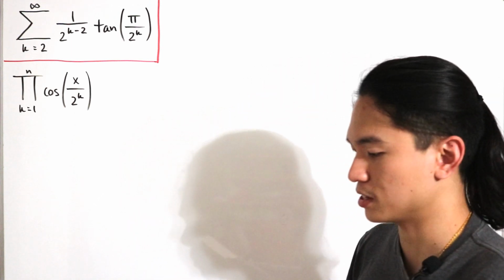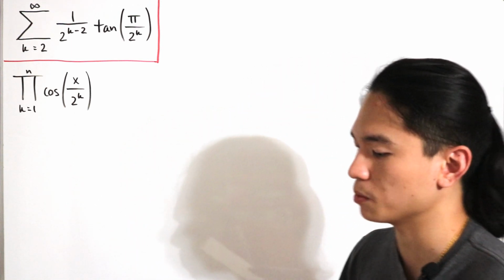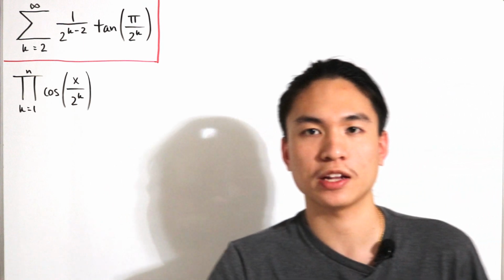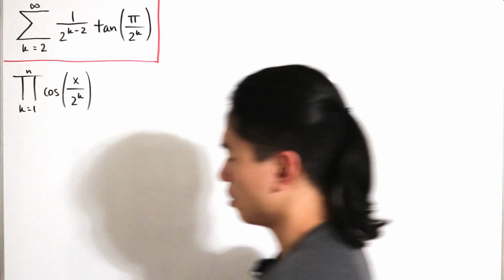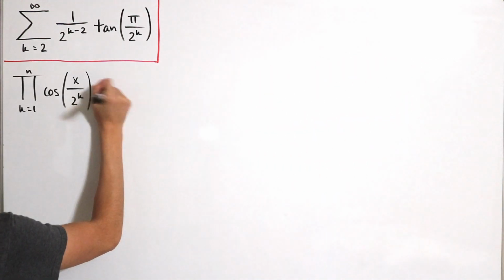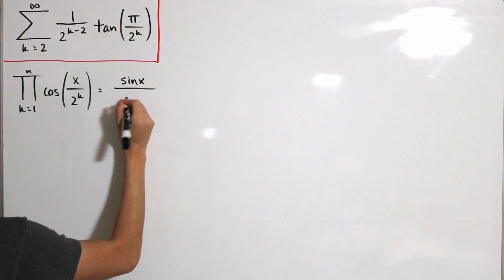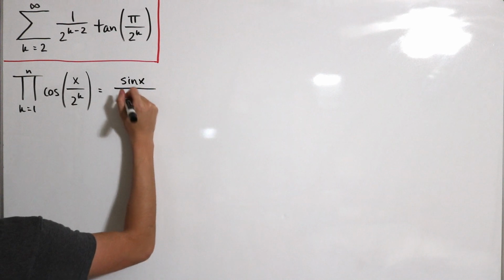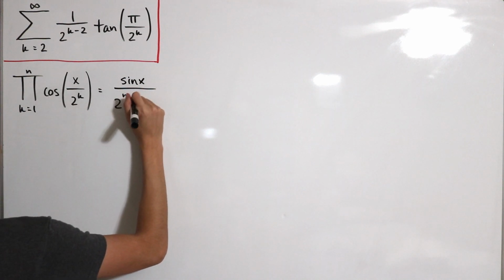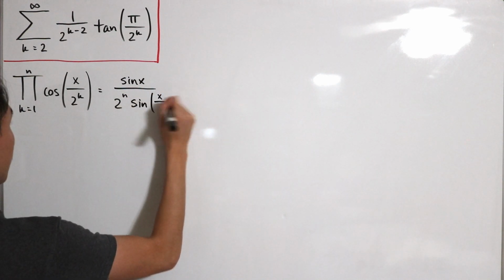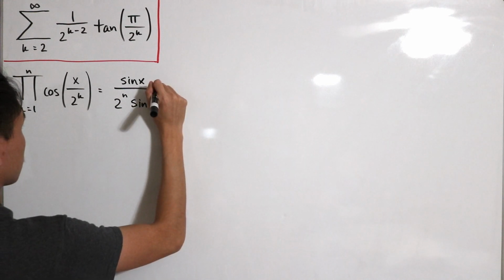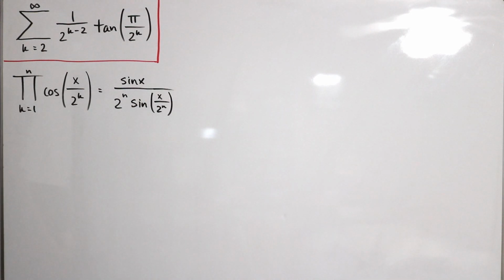If we apply the double angle formula, and that work is on that link for you to see, we get that the following has the closed form of sine of x divided by 2 to the power n, multiplied with sine of x divided by 2 to the power n, like so.